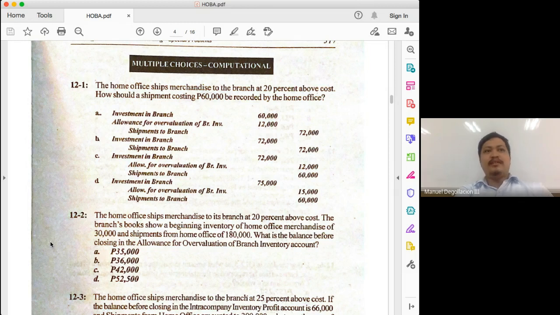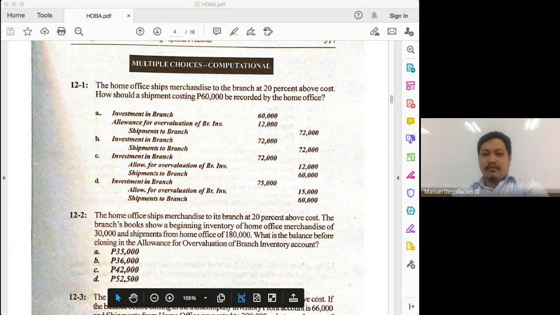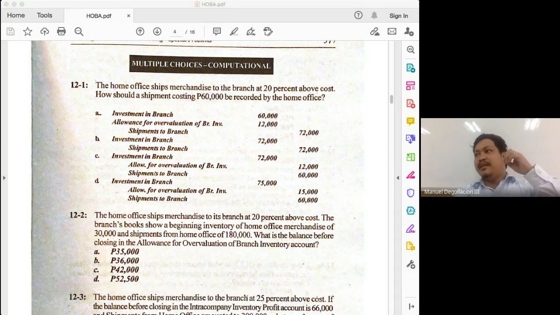It would be 72,000. Because as far as the branch is concerned, the amount of investment made by the home office is the 72,000 and not the 60,000. The branch does not know of the 60,000. The branch only knows of the 72,000.